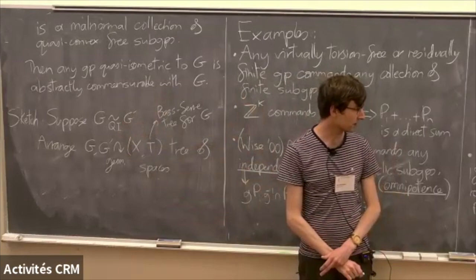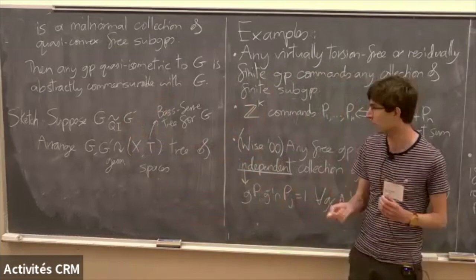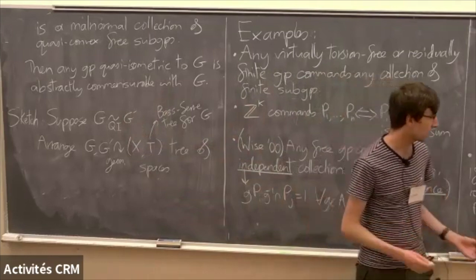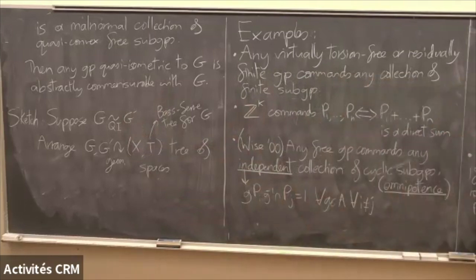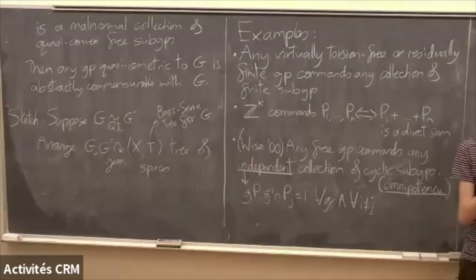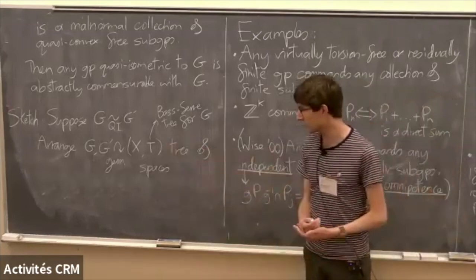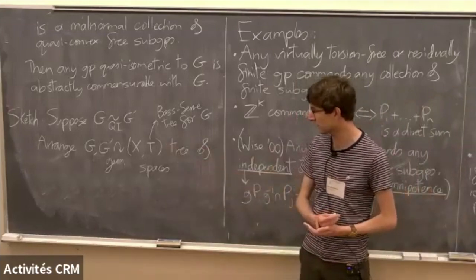And really it comes down to looking at the quasi-isometries from G to itself. And somehow the conditions that we have on how the graph of groups is made means that the quasi-isometries are not too wild. And from this, you can come up with a space.